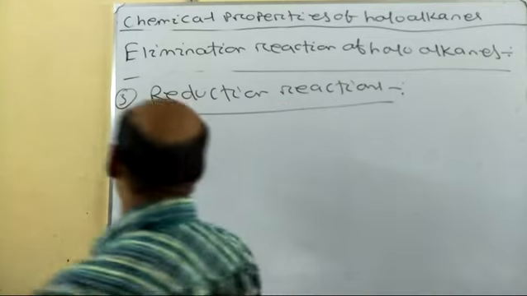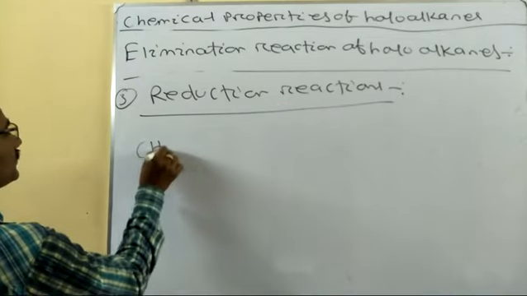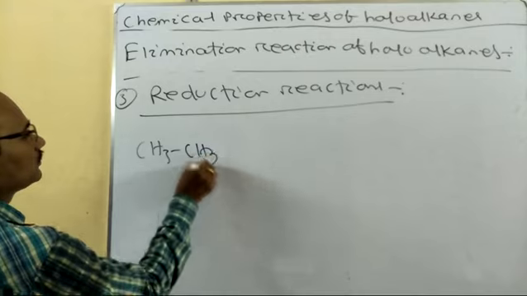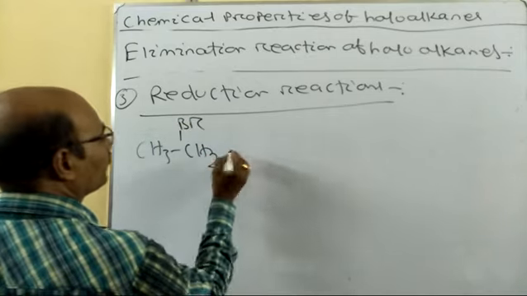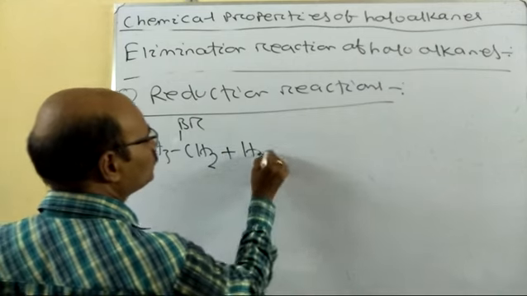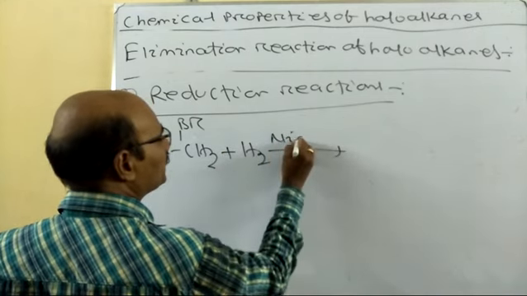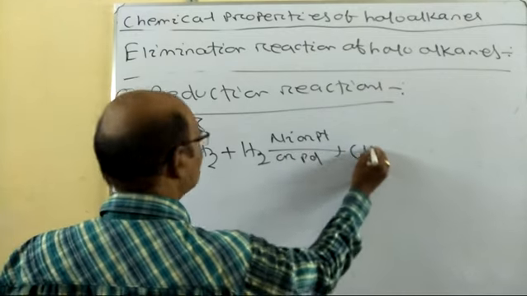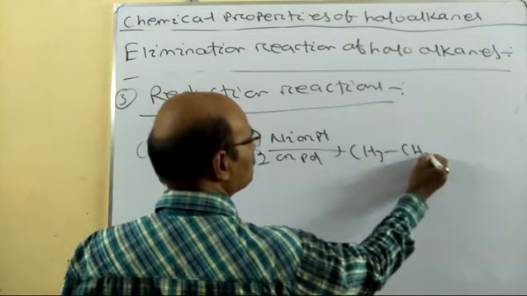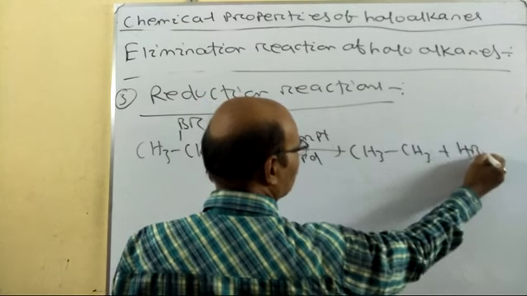So what can I write? CH3CH2Br plus H2, with nickel or platinum or palladium, gives CH3CH3 plus HBr.